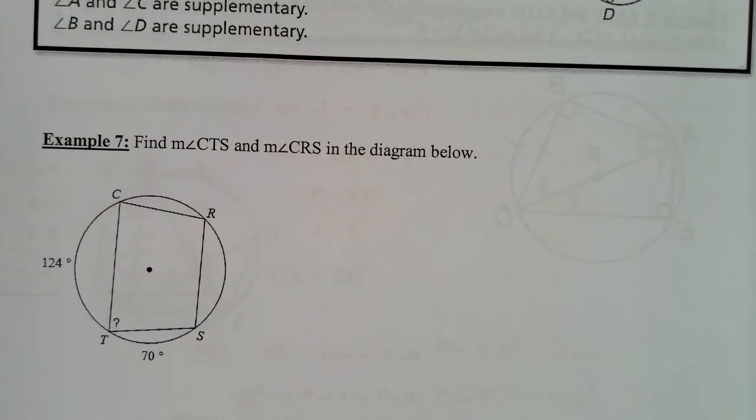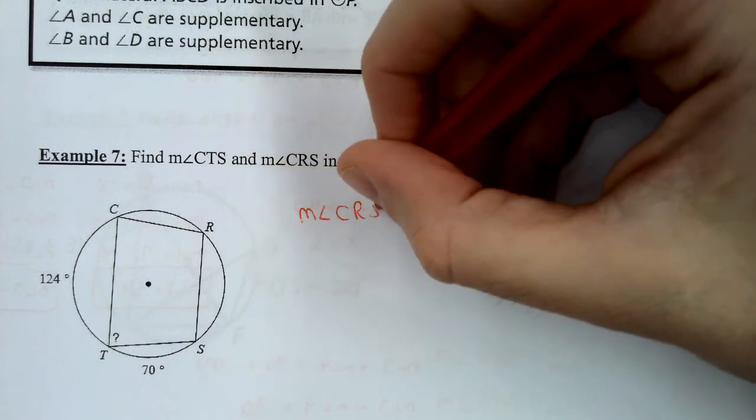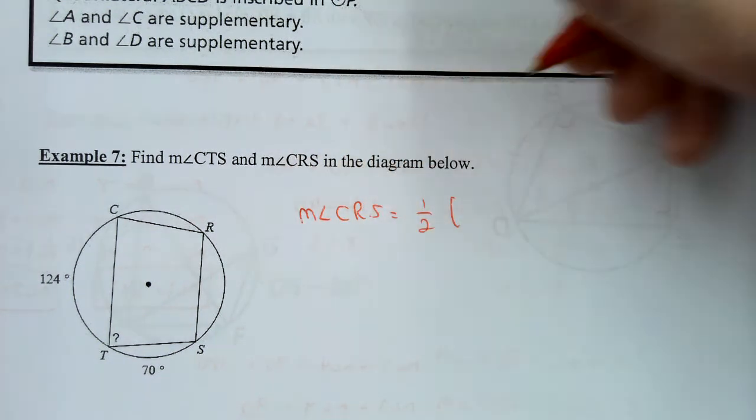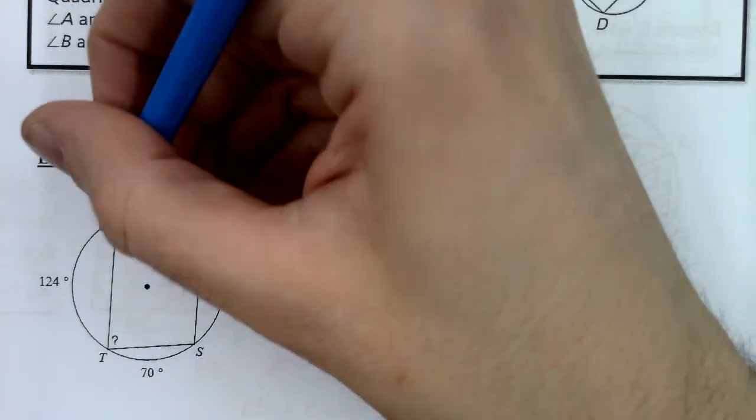Example 7: find the measure of angle CTS and the measure of angle CRS in the diagram below. Let's start by finding the measure of angle CRS. The measure of angle CRS equals 1/2 of the arc that it intercepts.